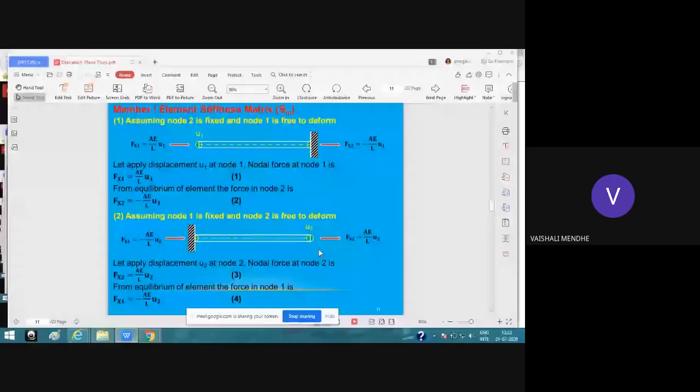Fx2 will be equal to A by L into U2, because node 2 is free to deform. So how much displacement did we apply at node 2? U2. Fx2 is equal to A by L into U2.